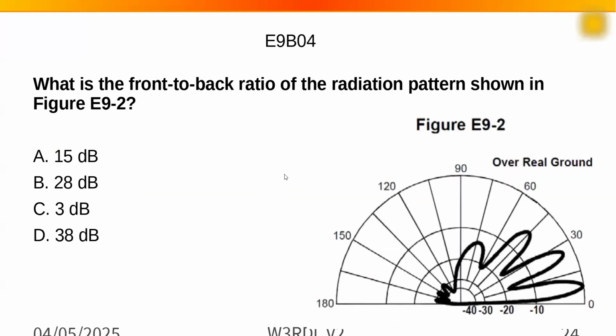What's the front to back ratio of this vertical pattern? You do it the same way. So your front is 0 and the back is down here, a little less than 30?